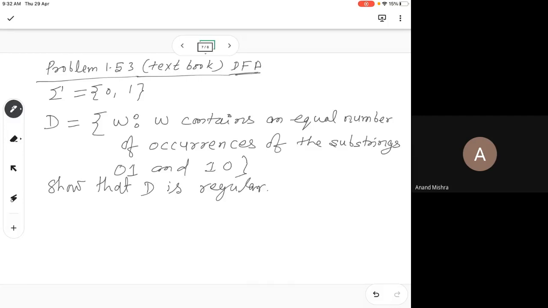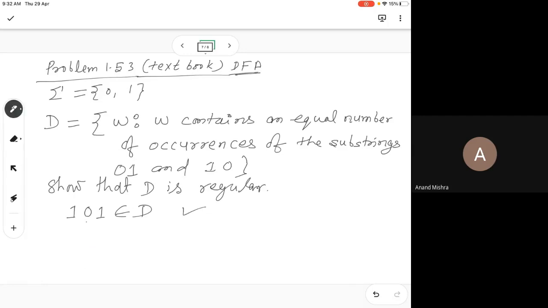If I ask, let's say, 101, is this in this language? Yes. Right? Why? Because there is 110 and then there is 101. So this is yes.